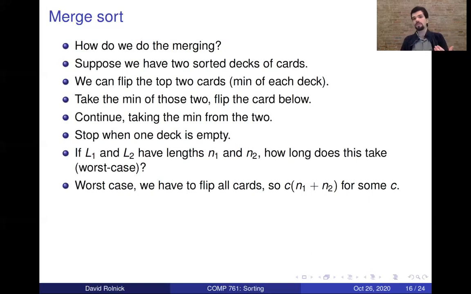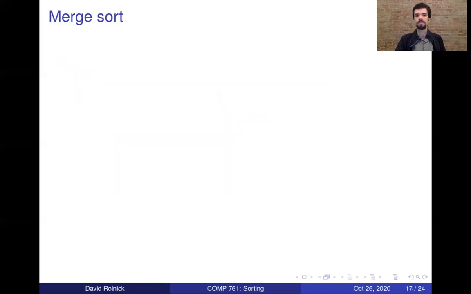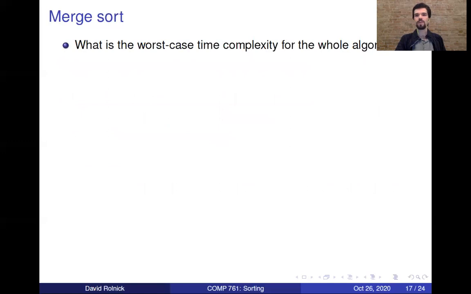So constant time for each one of the comparisons, but you might have N1 plus N2 comparisons. OK. So what's the worst case time complexity for the whole algorithm?